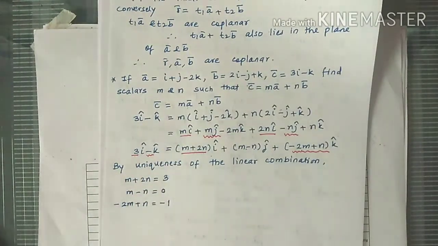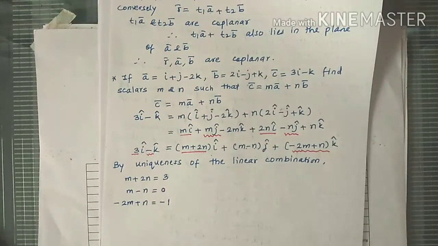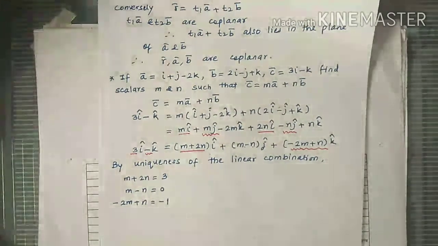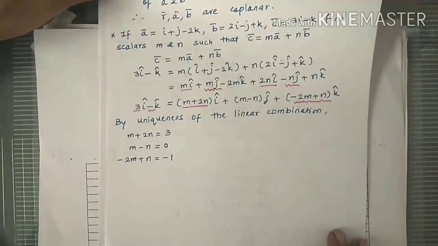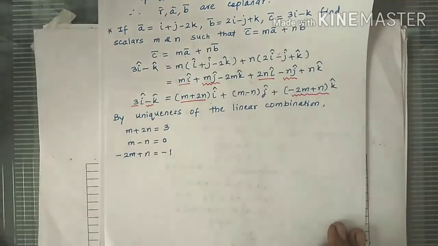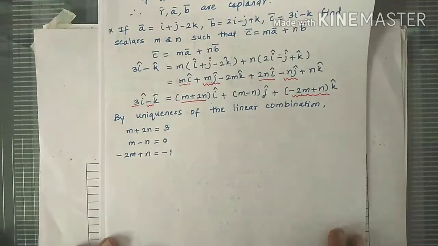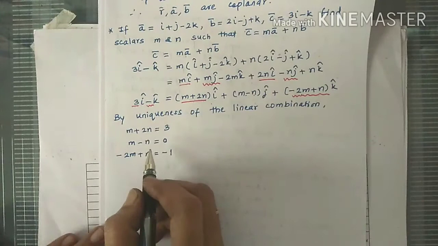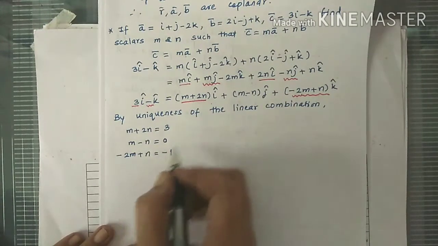Okay, so we have 3 equations and 2 unknowns, m and n. Remembering that in determinants we have seen that if such equations, that means 3 equations, have the same solution, okay, let's solve first of all this.